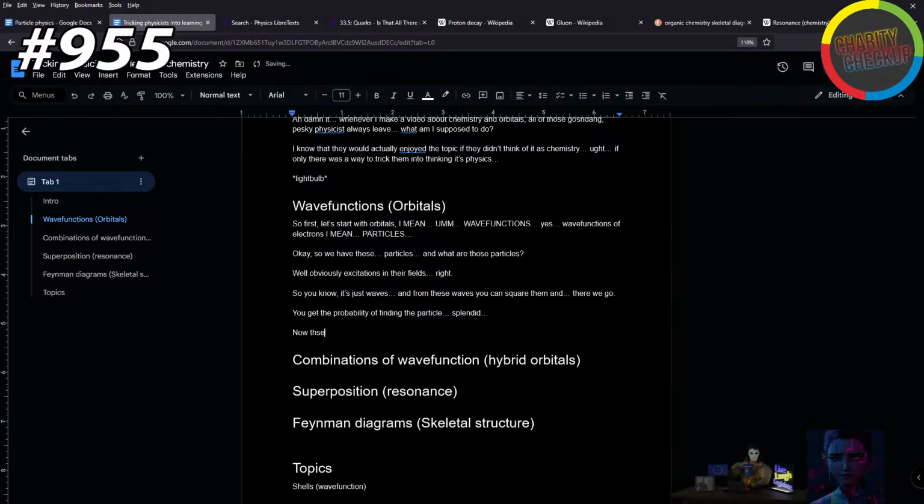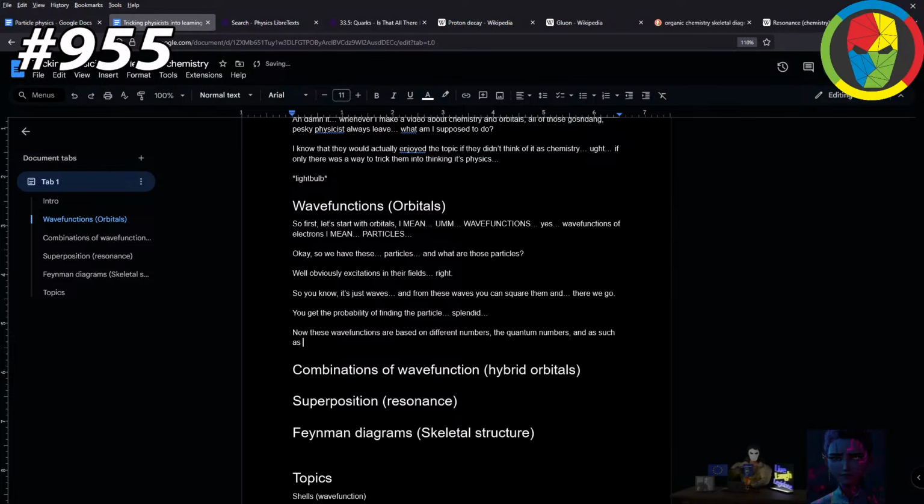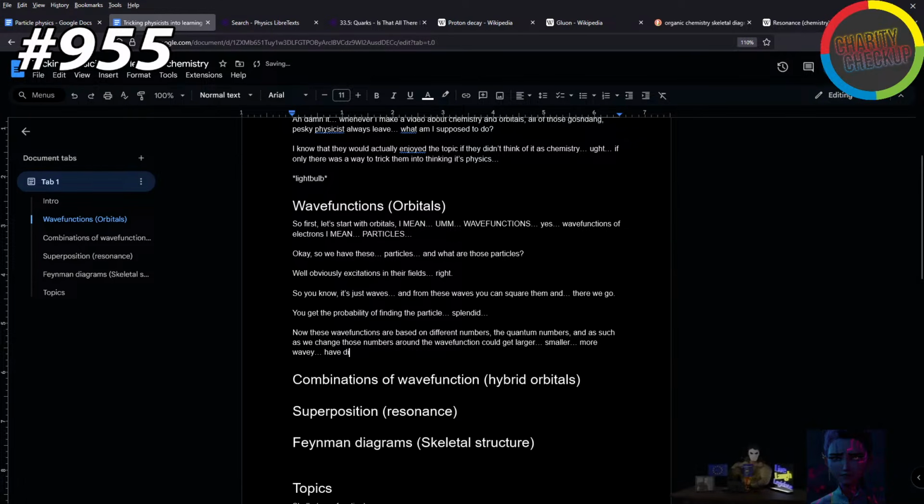Now, these wave functions are based on different numbers, the quantum numbers. As we change those numbers around, the wave function could get larger, smaller, more wavy, have different orientations, the whole shebang.